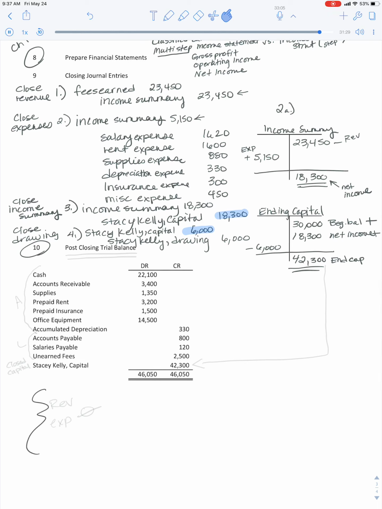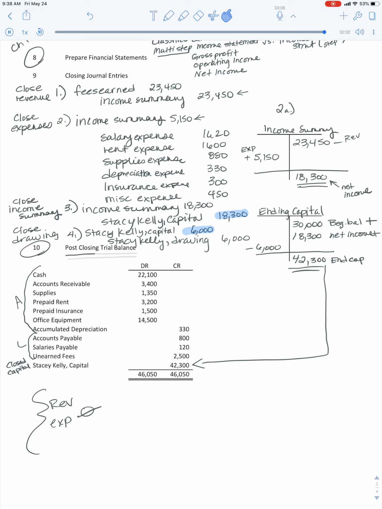Notice there are no revenue and expenses because they're all zero. We have assets, we have our liabilities, and we have our closed capital. So this is going to include all of, you see this is the same number, all of the net income rolled into capital, and we took out withdrawals and closed our draw account.